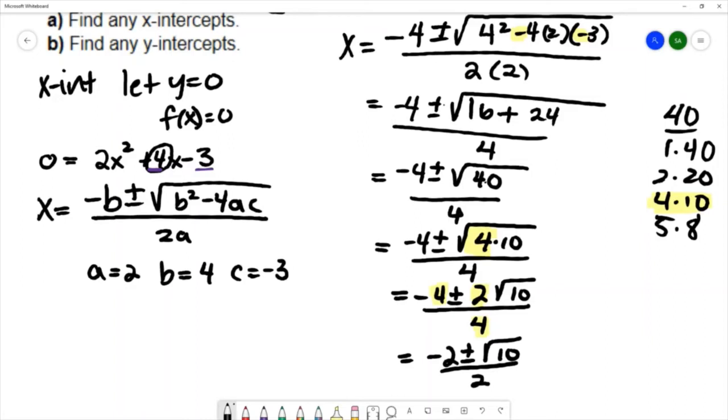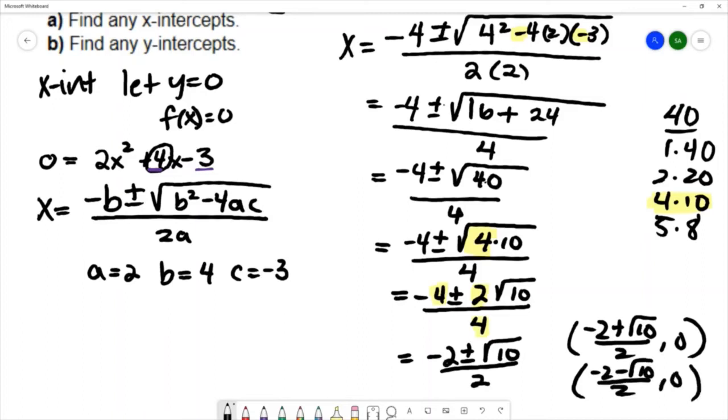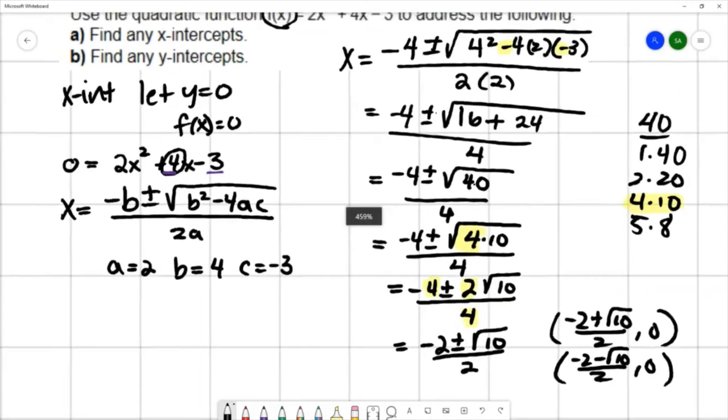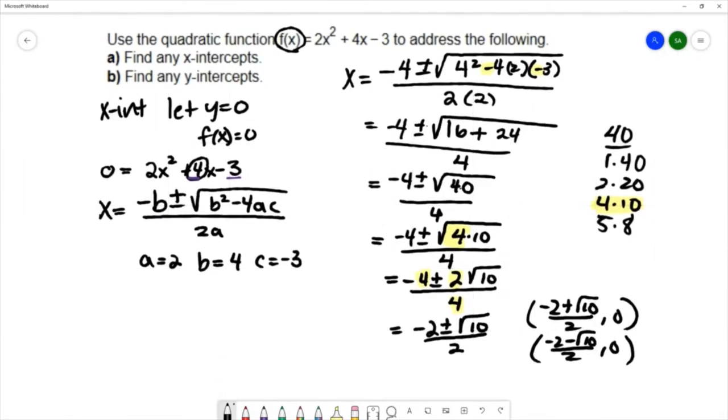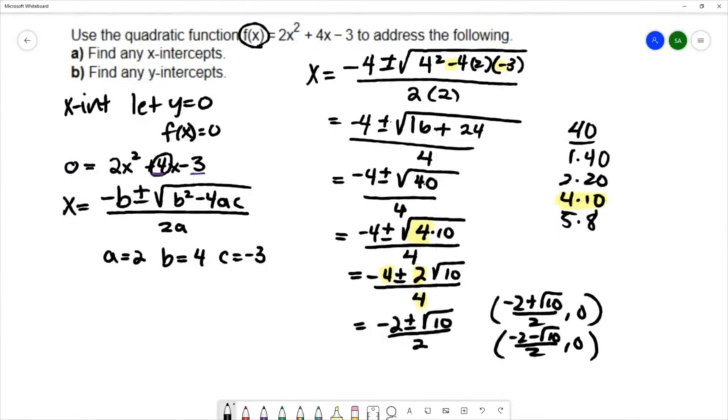So I've got two x-intercepts: negative 2 plus square root of 10 over 2 comma 0, and negative 2 minus square root of 10 over 2 comma 0. So there are the x-intercepts. And then I want to find the y-intercept.